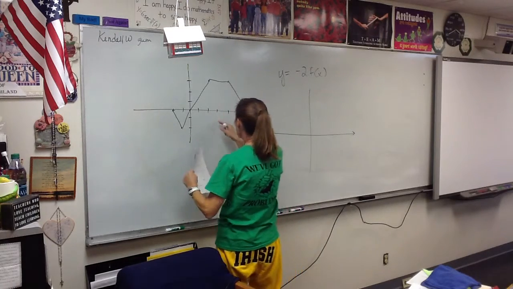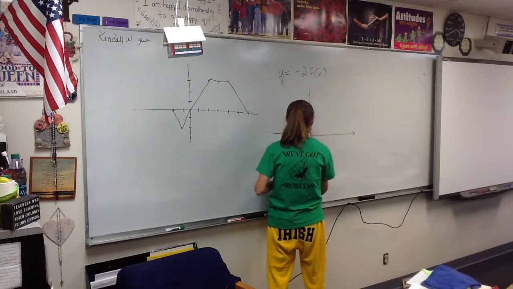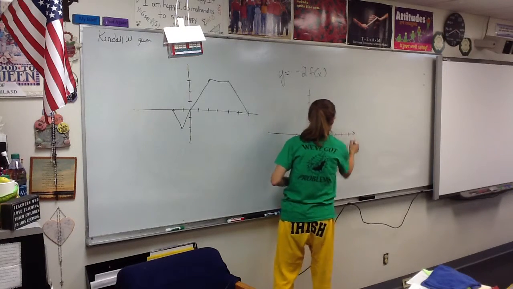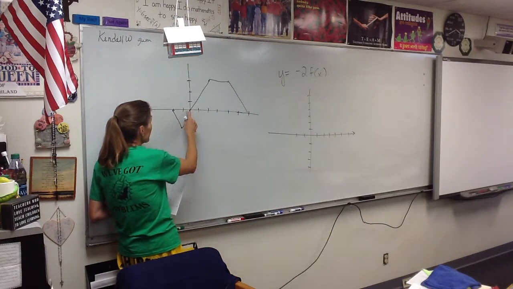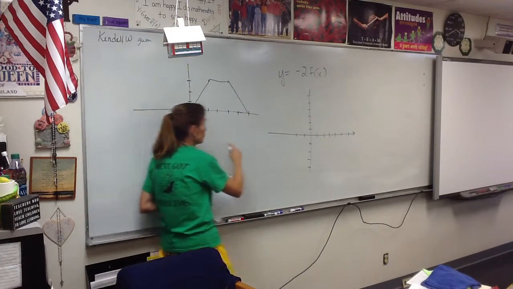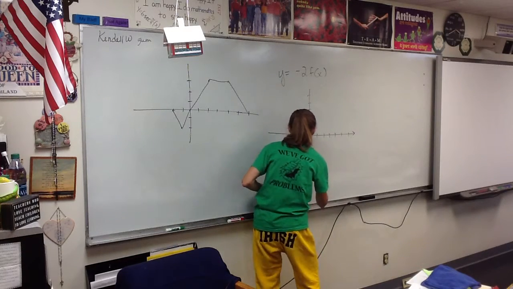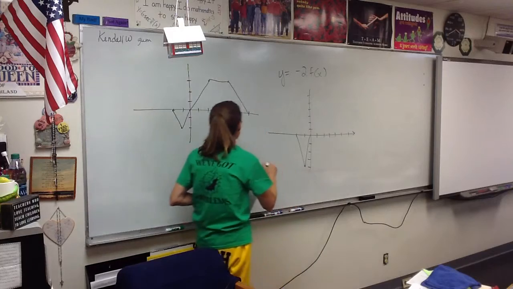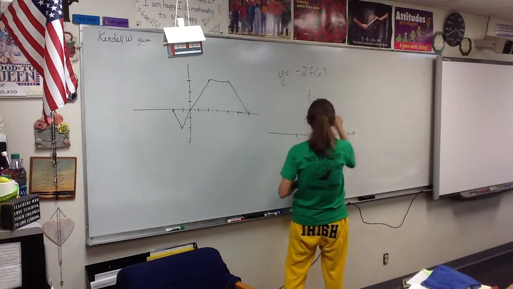So I'm going to take this picture and I'm going to make it twice as tall. So instead of coming over 1 down 2, it's going to go over 1 down 4. And instead of going over 2 up 3, it's going over 2 up 6.